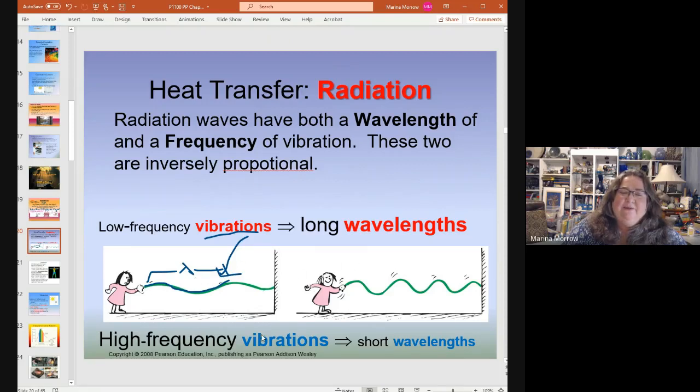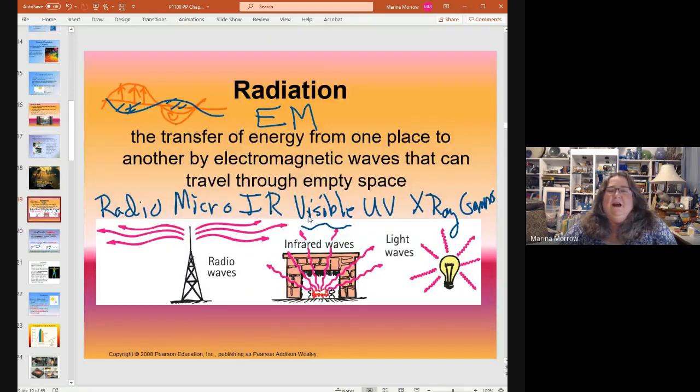Over here, we have high frequency vibrations, and so they have a shorter wavelength, right? So they are inversely proportional. High frequency is also proportional to energy, so higher frequency means higher energy. If we look back at the list on the previous page, which one is highest energy?